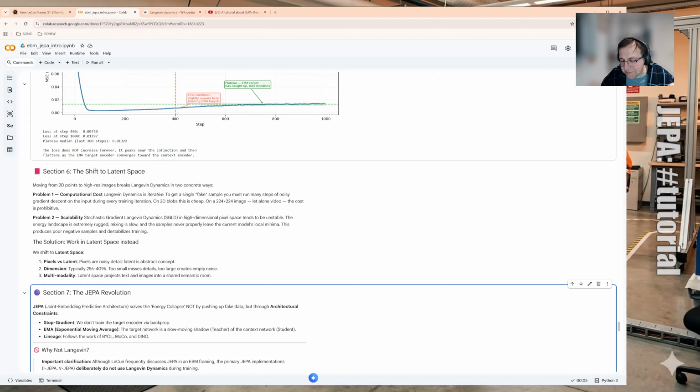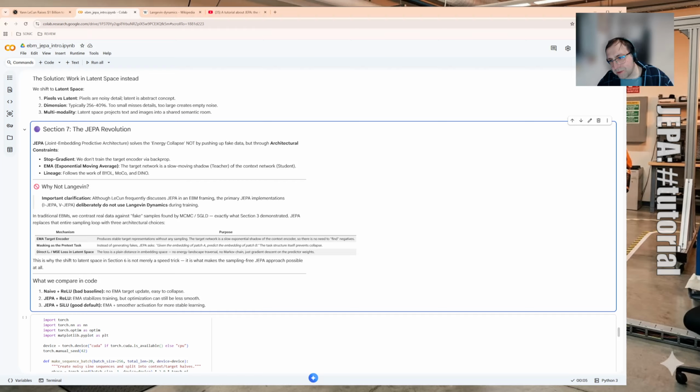There is also a little more explanation here: although LeCun frames JEPA in an EBM context, when you look at the actual implementations like I-JEPA, which is for images, and V-JEPA for videos, they do not use Langevin dynamics.